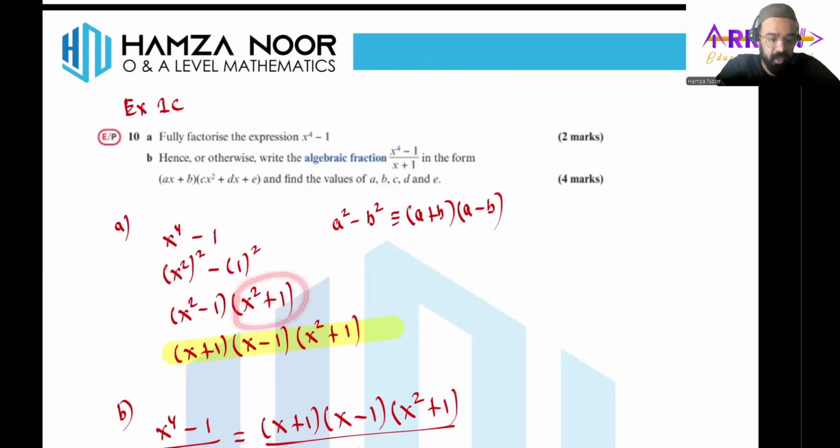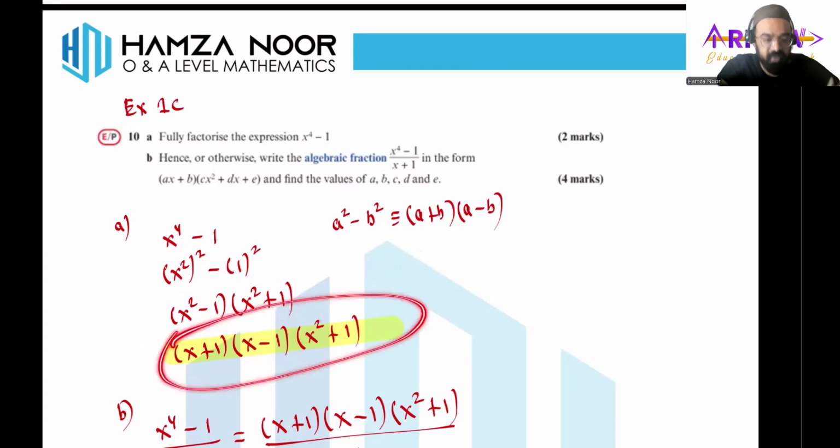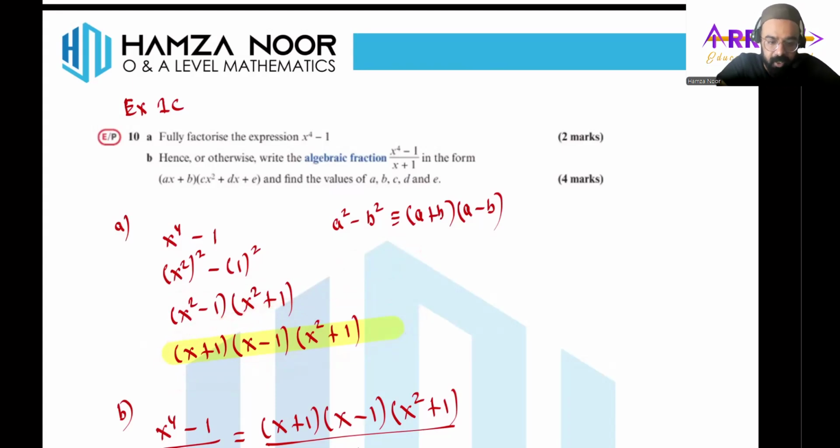However, this x square plus 1 will remain as it is because we cannot factorize a square plus b square. So we are only going to factorize x square minus 1, which is going to be x plus 1 into x minus 1, and then this will be multiplied by x square plus 1. So here you have achieved the fully factorized form of part A.